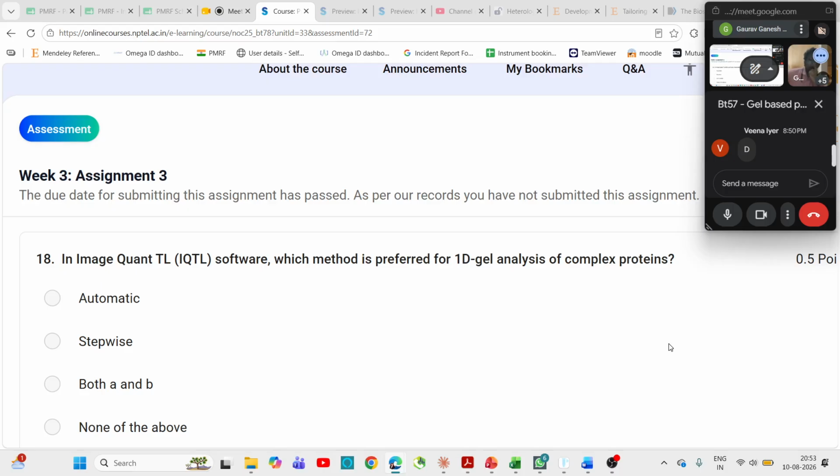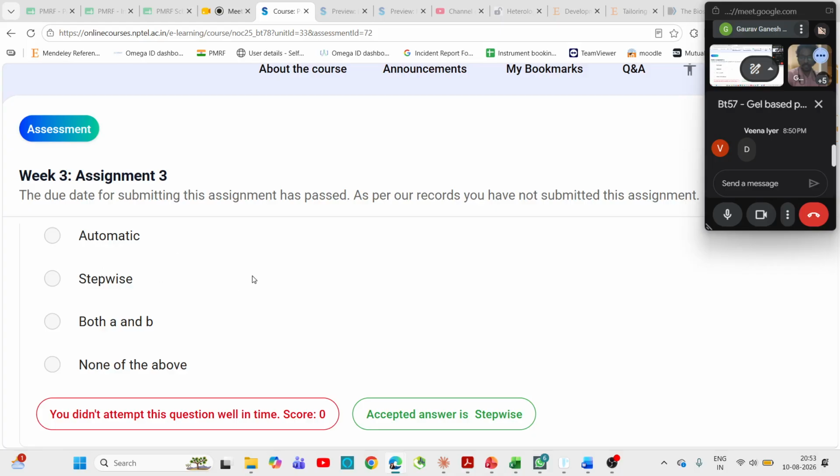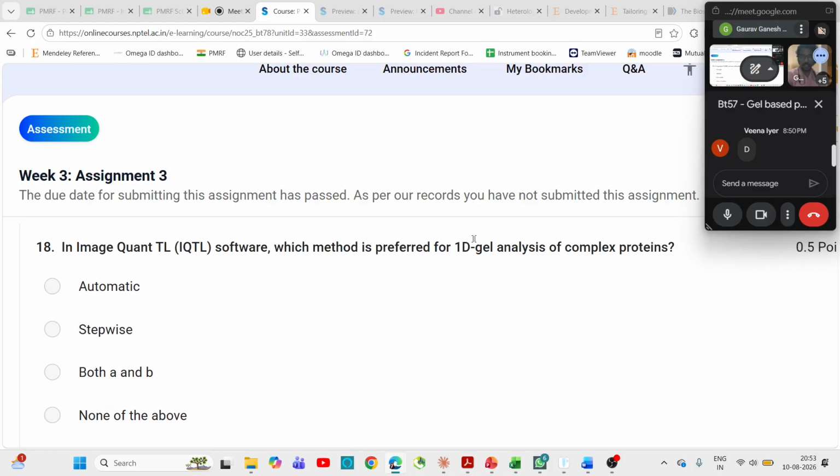It's stepwise, which is generally used for one-dimensional analysis.